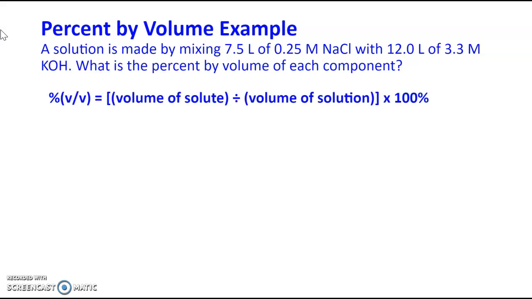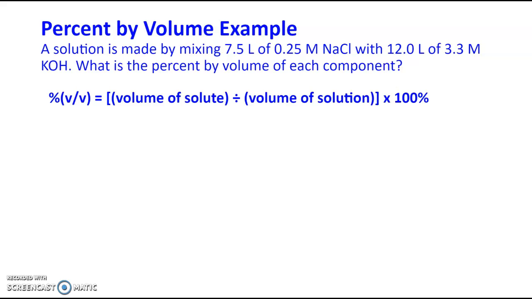We're going to take our equation. We've got the volume of the solute and then the volume of the solution. Again, for the volume of the total solution, we need to add the volume of the first solution and the volume of the second solution to find the volume of the total solution that we're making. So we would have 7.5 plus 12 liters gives us 19.5 liters of solution total.